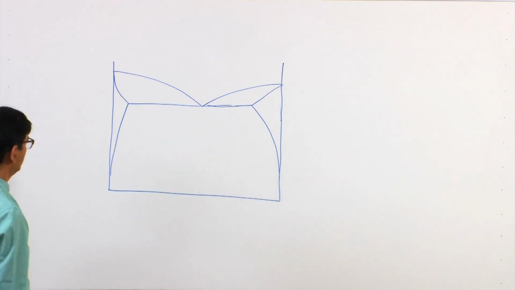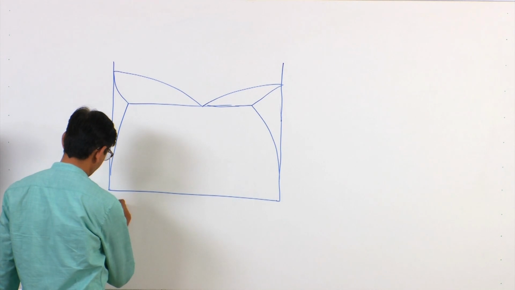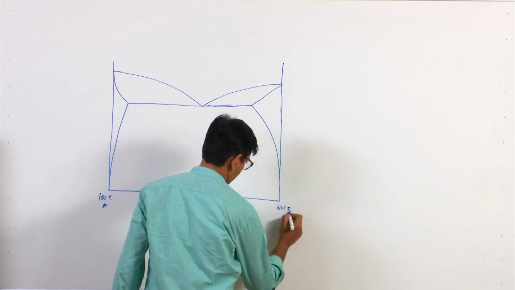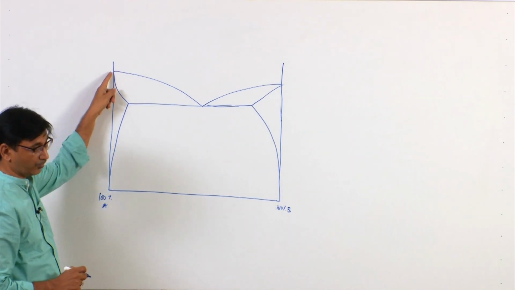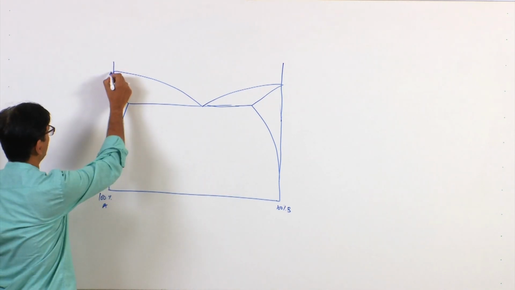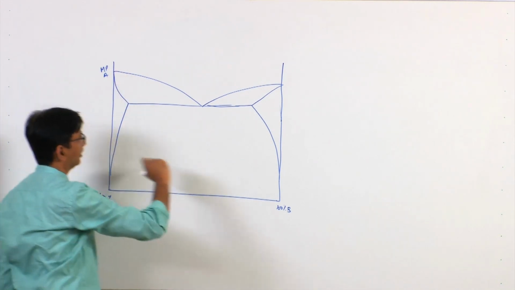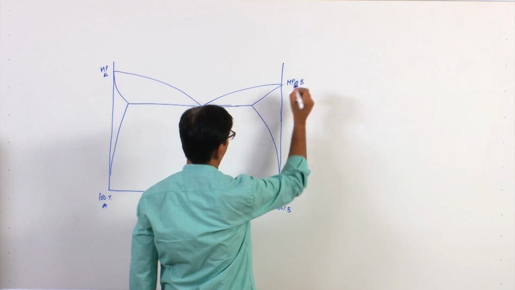Okay. So, this is 100% A, this is 100% B. As I told you, at 100% A, this point from which the solid phase is going into liquid phase, you will have the melting point of A, and here you will have the melting point of B.